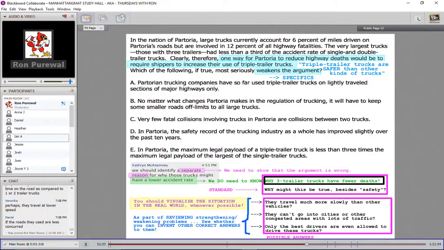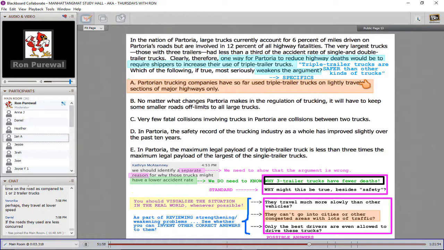Because basically choice A is one of these answers that we came up with. This right here is this: they only use them in the middle of nowhere on major highways, where there's no other traffic. Lightly traveled, meaning there's almost no other vehicles on the road.